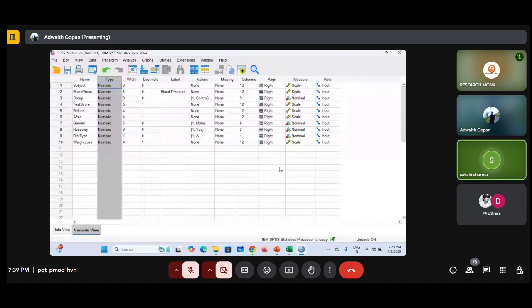So we don't have to do it ourselves. In most cases you don't have to manually enter it, but if you have a very large data set with 100 or 1000 variables, then you may have to manually change it because SPSS does not have that big of a processor or algorithm. Okay, sir. Okay. Are there any other doubts?